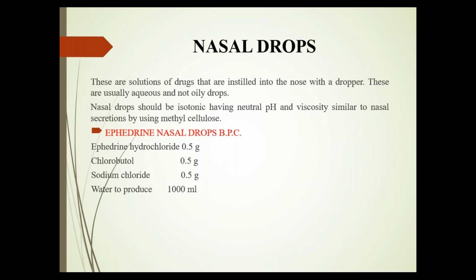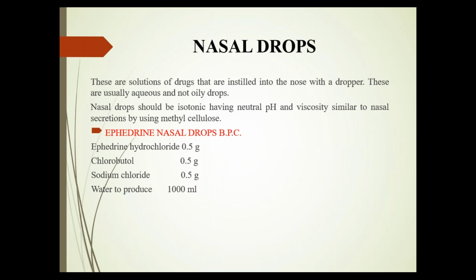These should also be isotonic. Whenever we use nasal drops, eye drops or eye lotions, they should always be isotonic and have a neutral pH. Otherwise there are chances it will cause shrinkage of the cell or hemolysis of the cell.